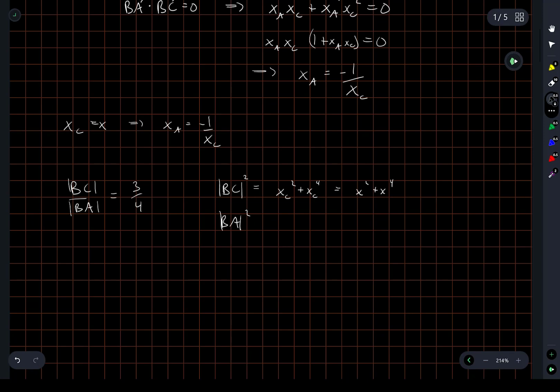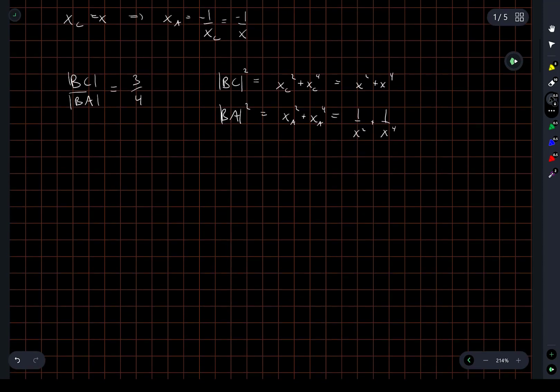And the length BA squared is XA squared plus XA to the 4, which is 1 over X squared plus 1 over X to the 4. Okay, so writing out this ratio now, I have X squared plus X to the 4 divided by X to the negative 2 plus X to the negative 4, is equal to 9 over 16.